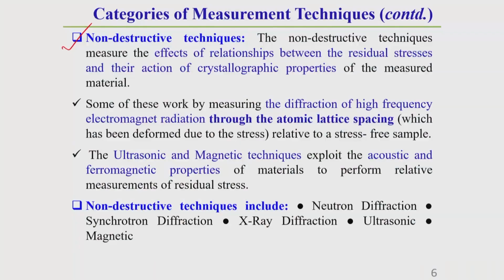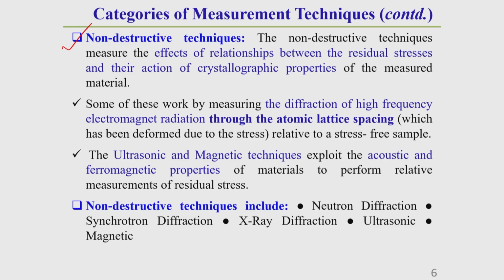In some of this work, generally we measure the diffraction of high frequency electromagnetic radiation through the atomic lattice spacing. So, this diffraction we measure both for the specimen without residual stress as well as the specimen with residual stress.